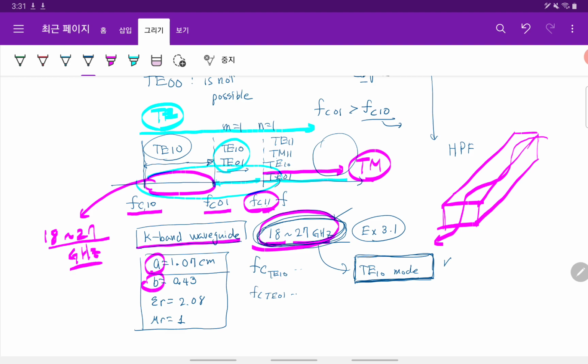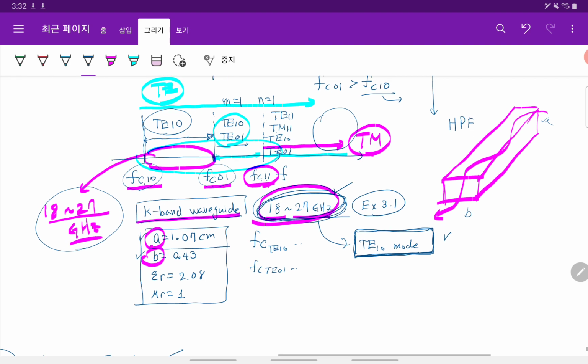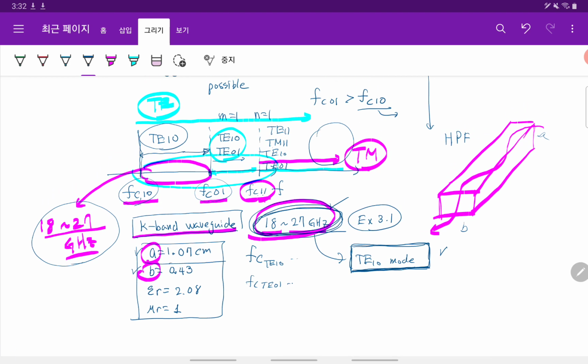That is not efficient, so we would like to have a single mode in the waveguide to efficiently transfer the wave from A to B. So we need to design A and B to make the cutoff frequency of the 10 and 01 modes our operating frequency. So please check that, and then the real waveguide structure provides this operating frequency.